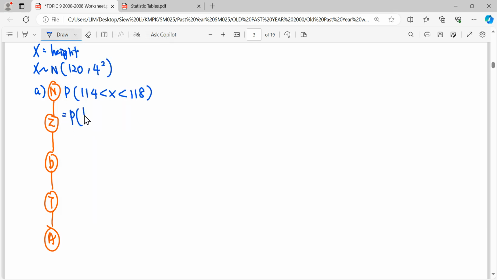To change to z-score, the formula is x minus mean over standard deviation. So x changes to z. Similarly, 118 minus mean over standard deviation. Simplify this to 2 decimal places, because our table only presents 2 decimals.